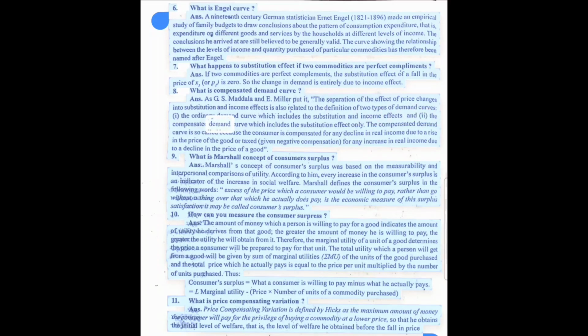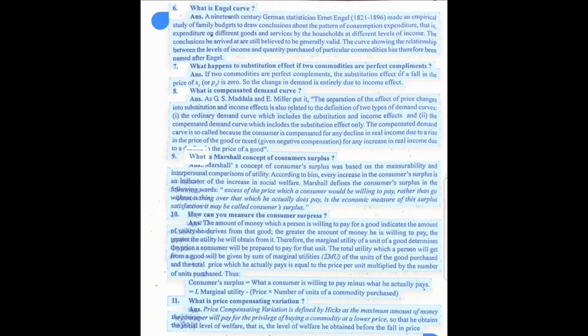The compensated demand curve which includes the substitution effect only. The compensated demand curve is so called because the consumer is compensated for any decline in real income due to a rise in the price of the good, or taxed, given negative compensation, for any increase in real income due to a decline in the price of a good.